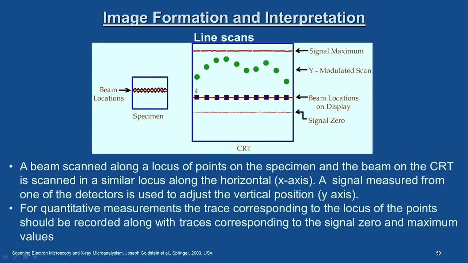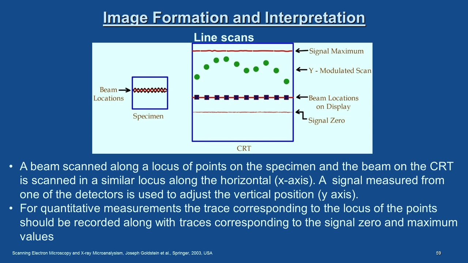And also you have the signal in the y axis as well, which sometimes we can use for characterizing the characteristic X-rays and other signals.